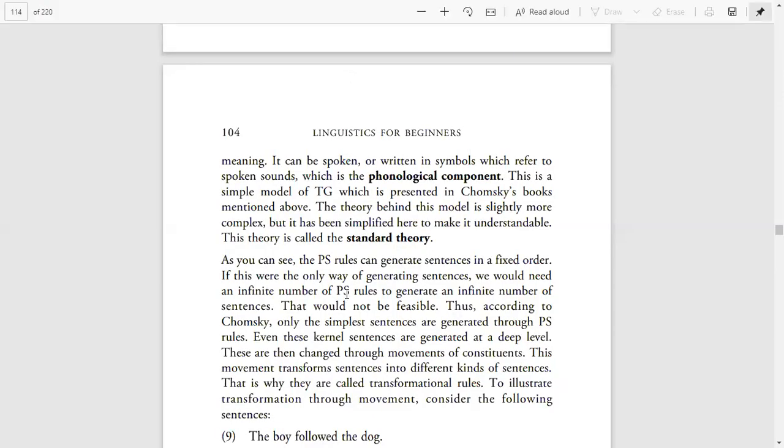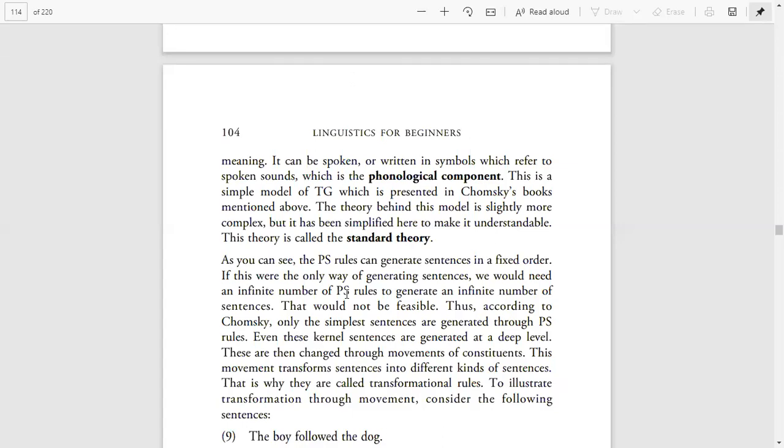As you can see, the PS rules can generate sentences in a fixed order. If this were the only way of generating sentences, we would need an infinite number of PS rules to generate an infinite number of sentences.